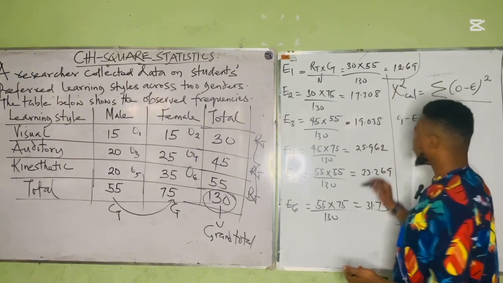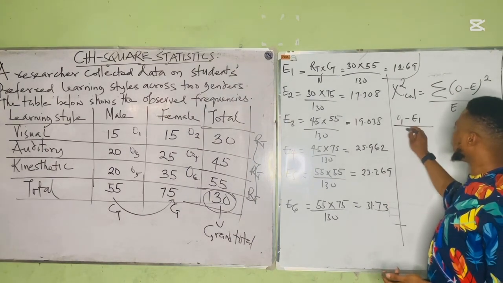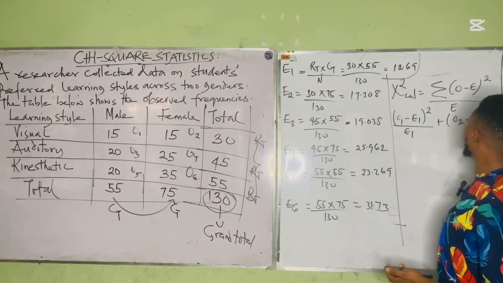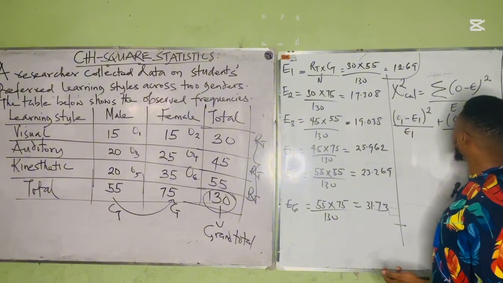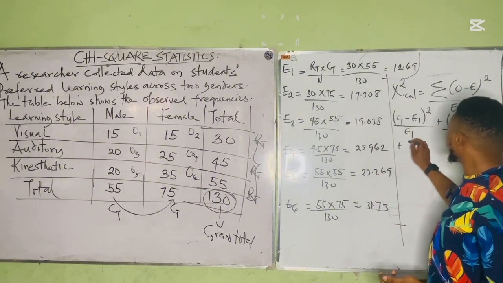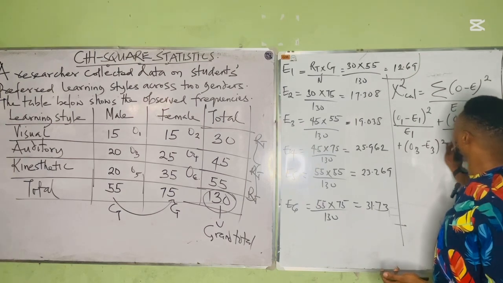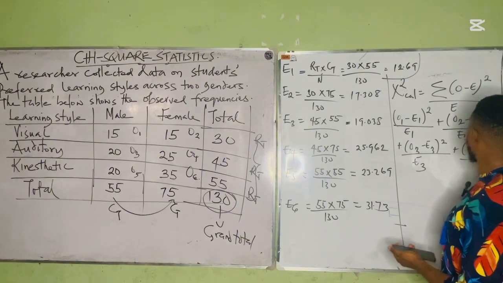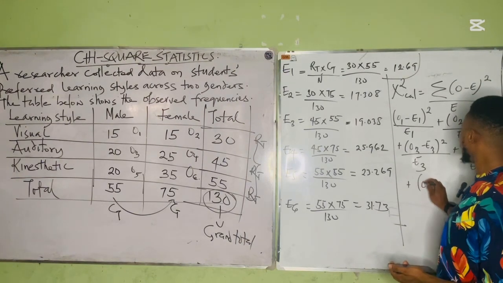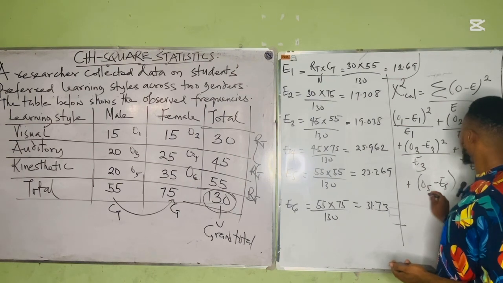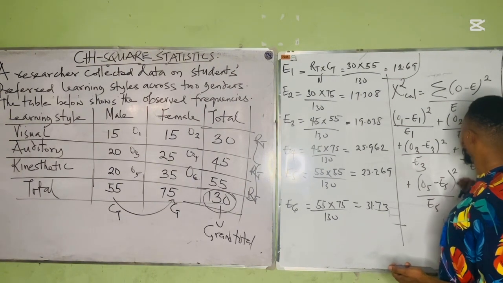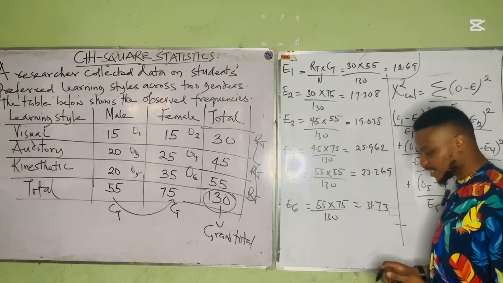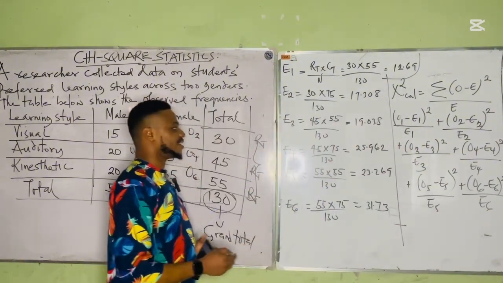O1 minus E1 all squared divided by E1, plus O2 minus E2 all squared divided by E2, plus O3 minus E3 all squared divided by E3, plus O4 minus E4 all squared divided by E4, plus O5 minus E5 all squared divided by E5, then plus O6 minus E6 all squared divided by E6. That's just the idea.